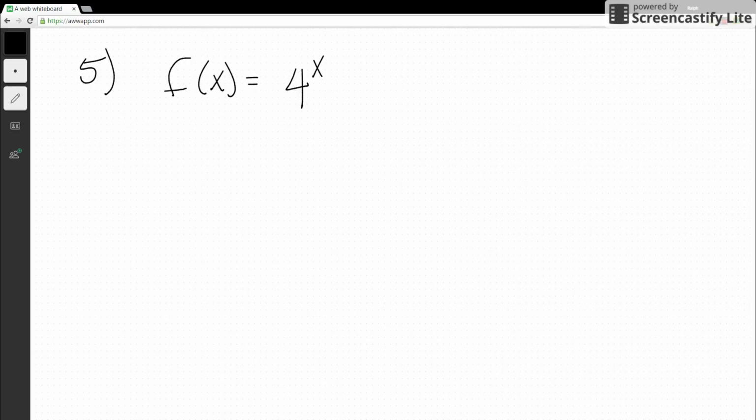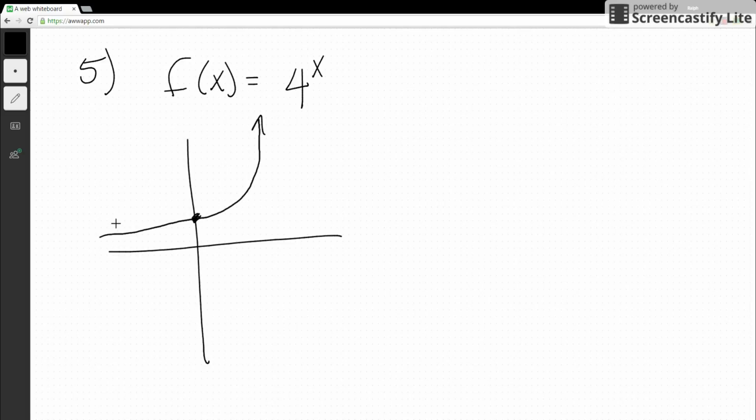So that's pretty much the parent function. If I was to graph it, it would go through the point (0, 1), a little bit steeper because the base is 4. It's a little bit bigger. If you look at that, that is graph C.